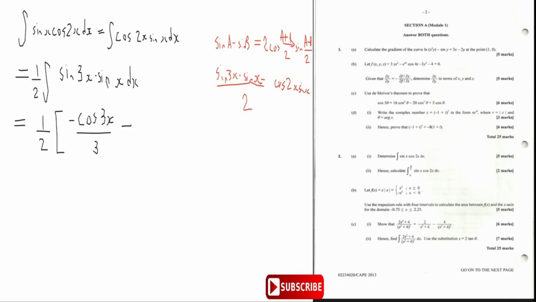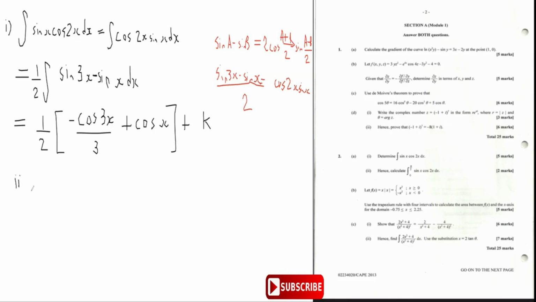Minus, when you integrate sine x, you get minus cos, so minus and minus become plus cos x. Plus some constant of integration, call it k. Nice, so that takes care of part 1, and that's a whole 5 marks they're giving you to do nothing.